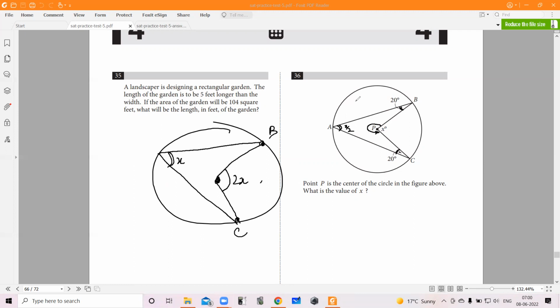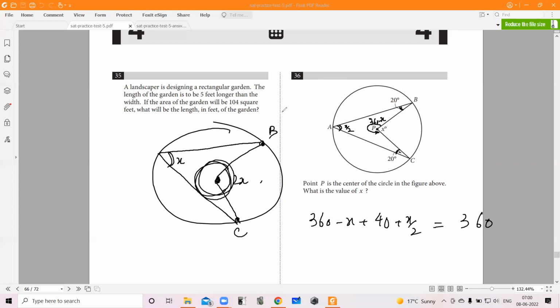That would be 360 minus x. Correct, because the total will be 360 for the circle, 360 minus x. Right. And what is the sum of all of them? So 360 minus x plus 40 plus x over 2 is equal to 360. Right. Now we can simplify and get x.